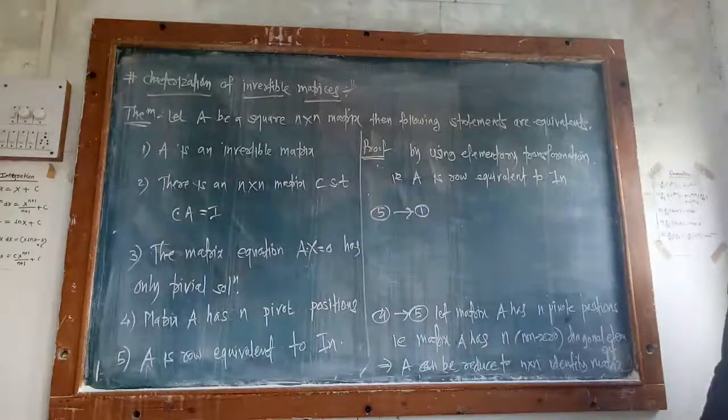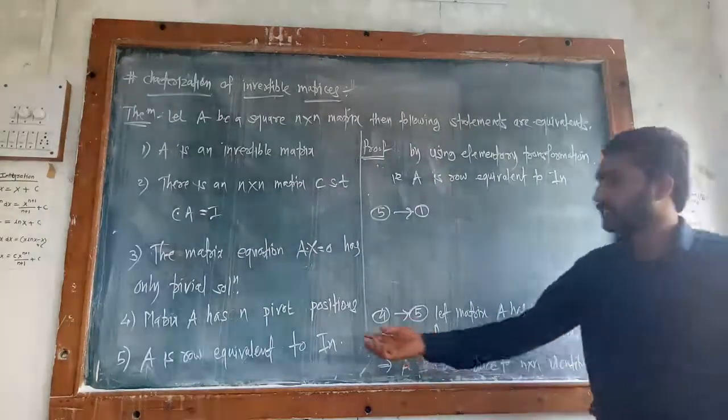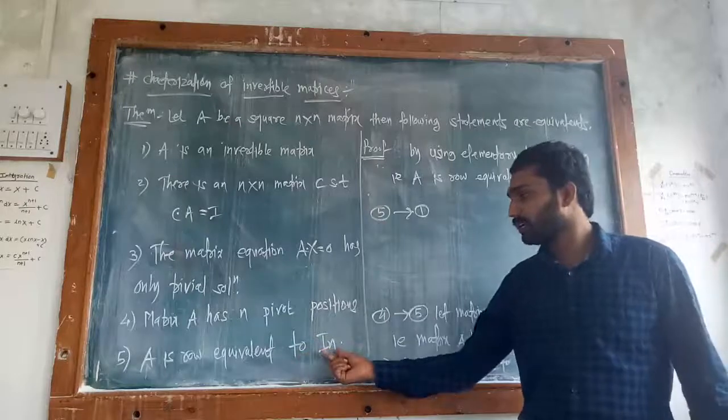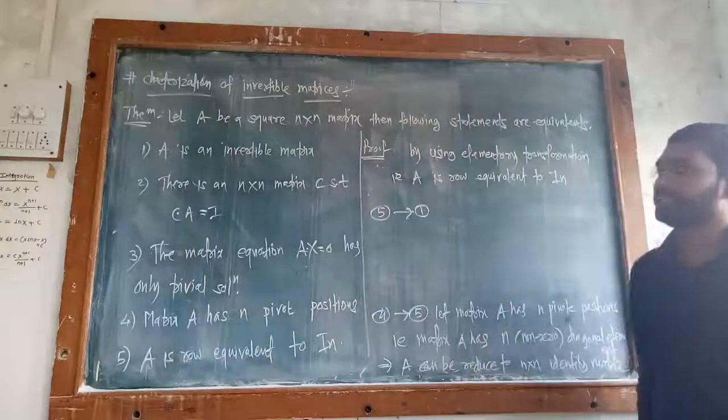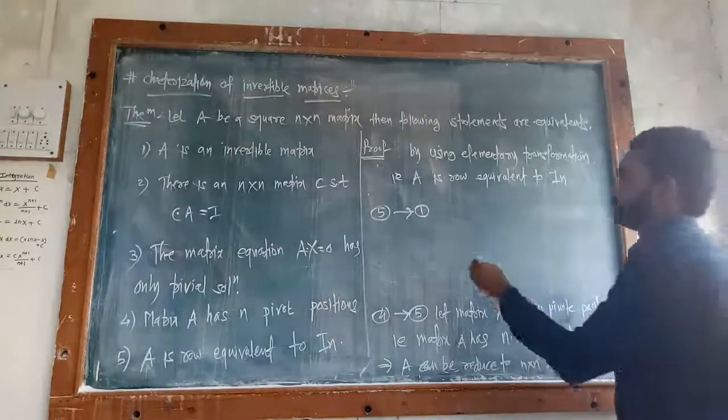So for the last one, we assume that A is row equivalent to the identity matrix, and then we have to show that A is an invertible matrix.